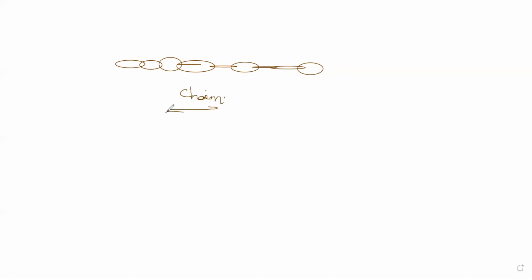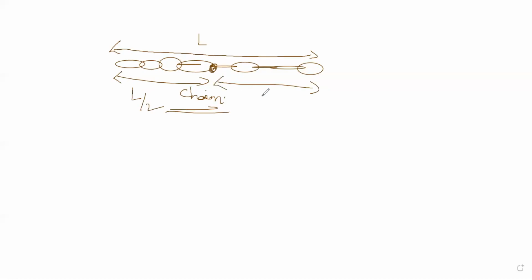So how do you find the center of mass of the chain? So simple. For any kind of chain, the situation is like this. Suppose this is the length of the chain. The midpoint of the chain will come at exactly half of the length. That's L by 2. Half of the chain happens to be at L by 2, right?